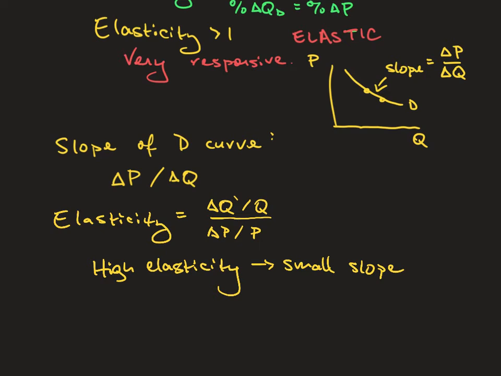Low elasticity means a large slope. So that's just something else to know. Later on, I'll summarize a whole bunch of things about these elasticities. But first, let me move on to some examples.